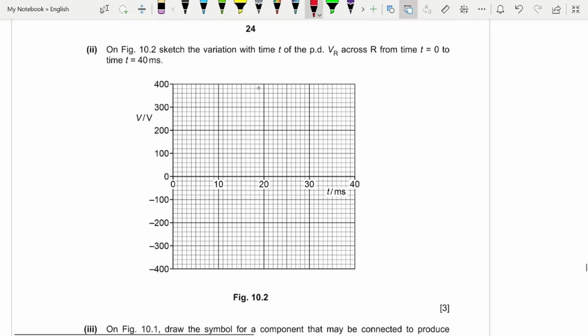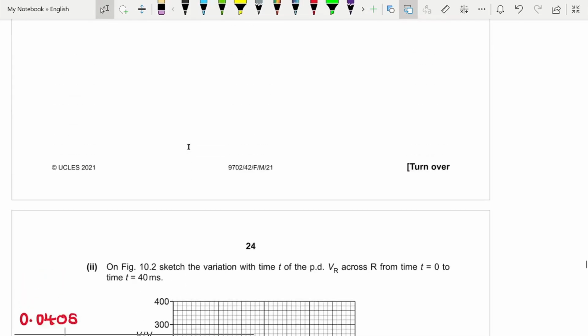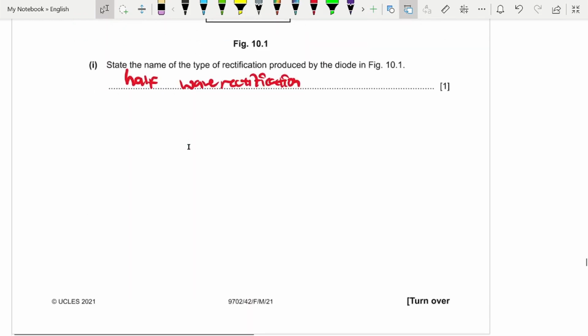On Fig 10.2, sketch the variation with time t of the PD VR across R from time t equals 0 to time t equals 40 milliseconds. 40 milliseconds is 0.040 seconds.